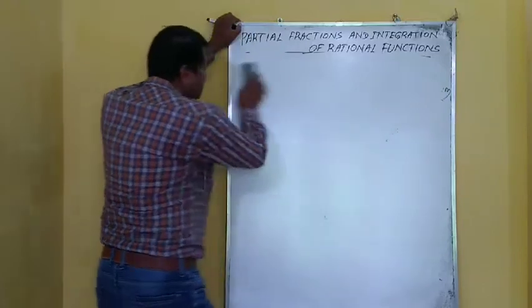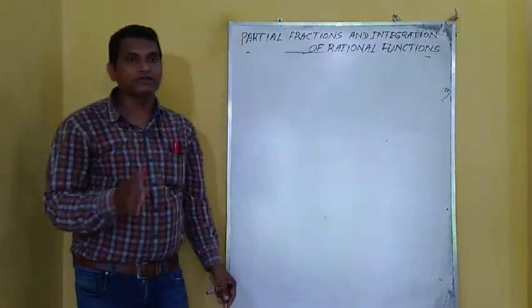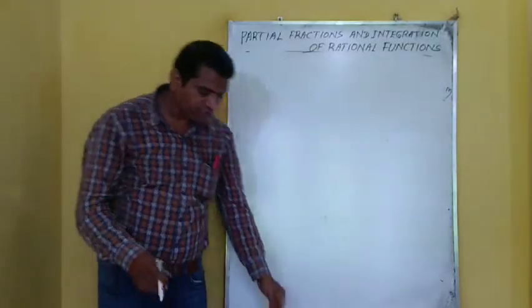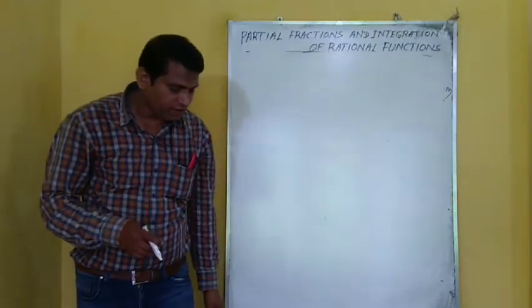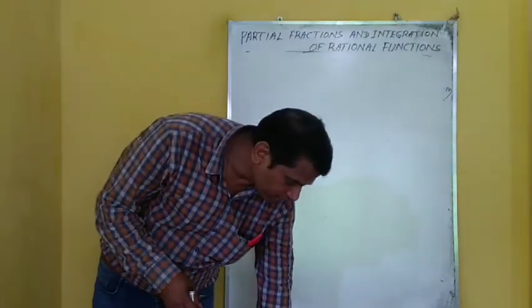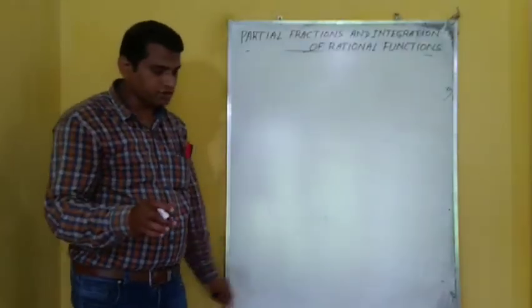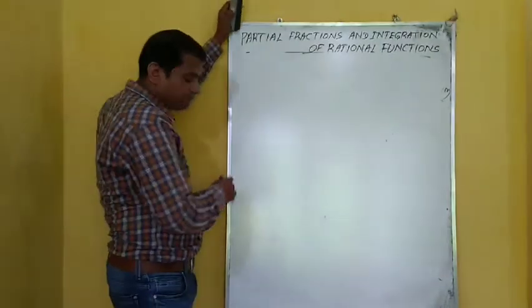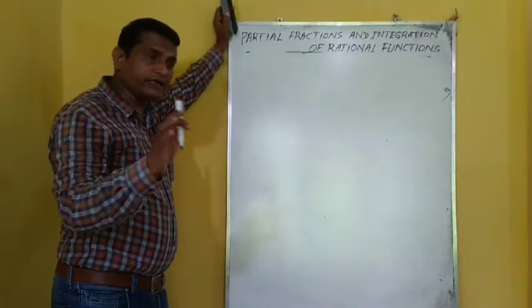Okay. First, we divide the proper algebraic fraction into different partial fractions, simple fractions called partial fractions. That depends upon the denominator q of x. So there are four different cases. First, we integrate the polynomial, that is quite easy.